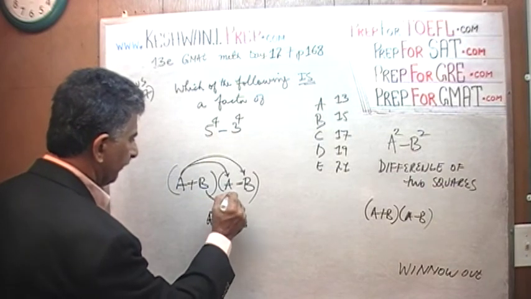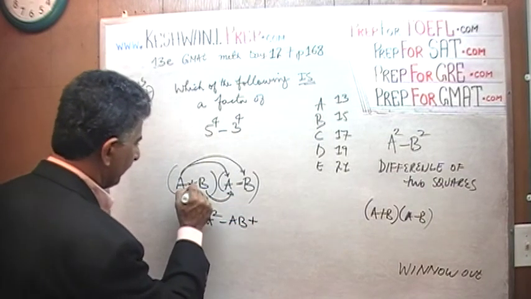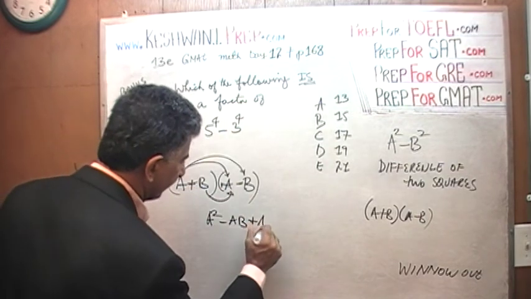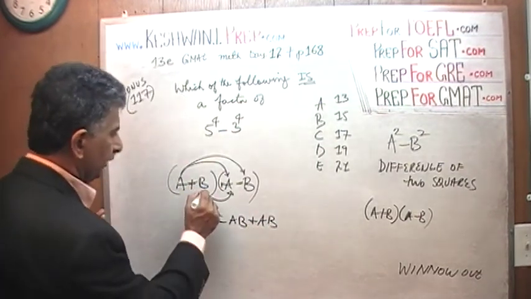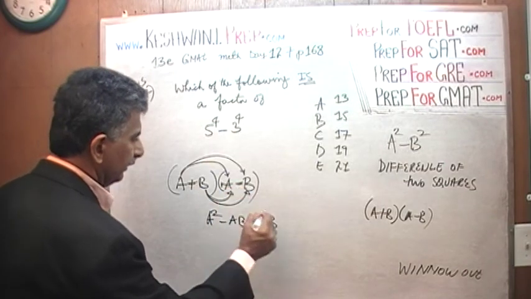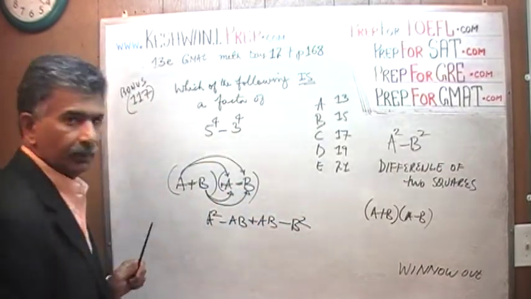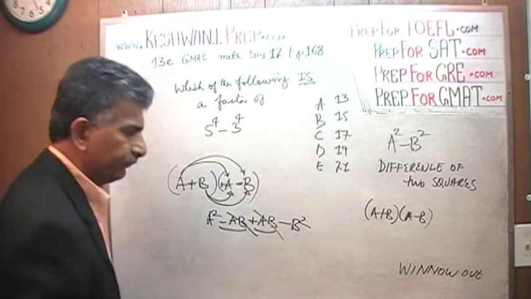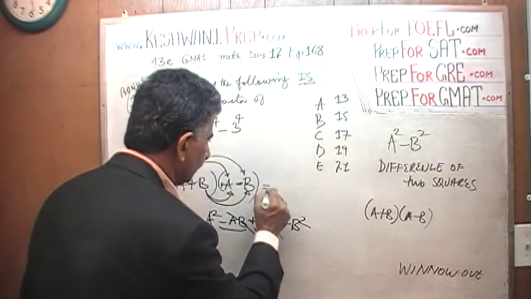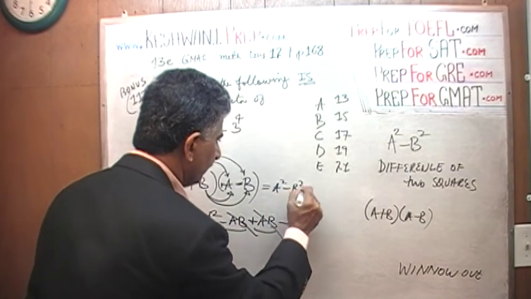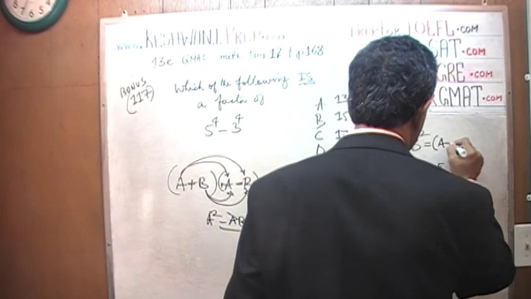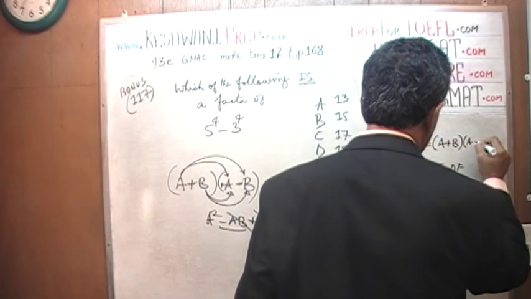Then B times A is positive, since positive times positive is positive, and B times A is the same as A times B. And finally, B times a negative B is minus B squared. What we find is that the negative AB and the positive AB drop out, and this quantity equals A squared minus B squared. Voila! So the difference of two squares equals A plus B times A minus B.